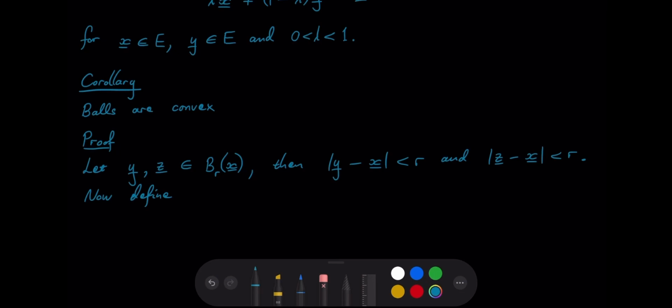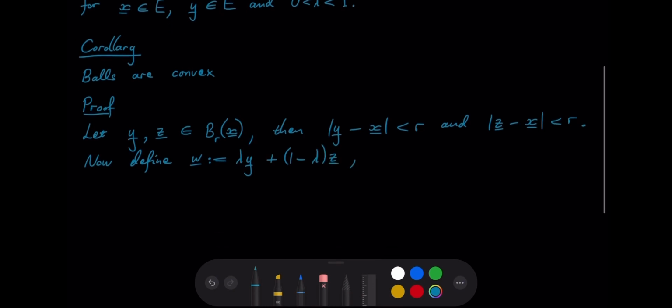So if we define w as being lambda y plus (1 minus lambda) z, then we now need to show that the distance between w and x is also less than r. That way we've shown it's also within the ball itself.